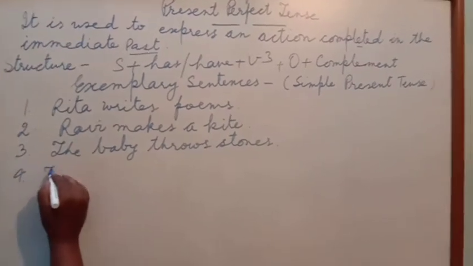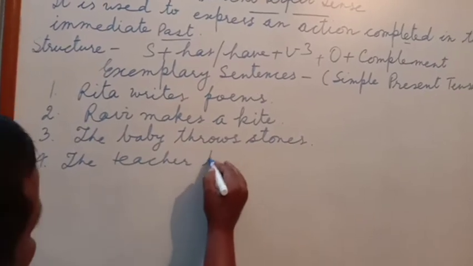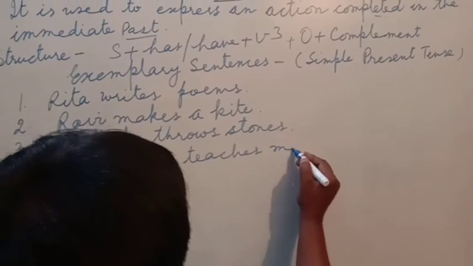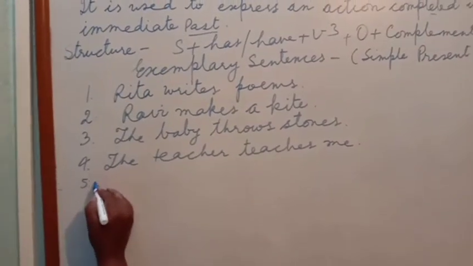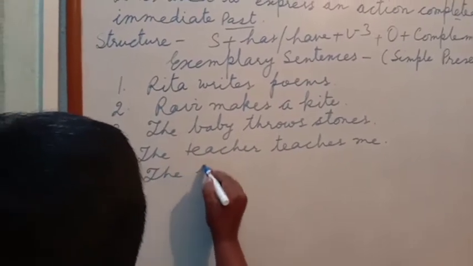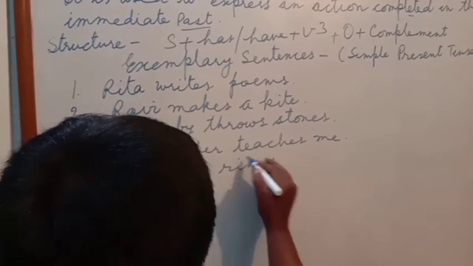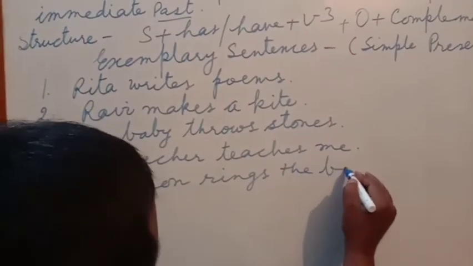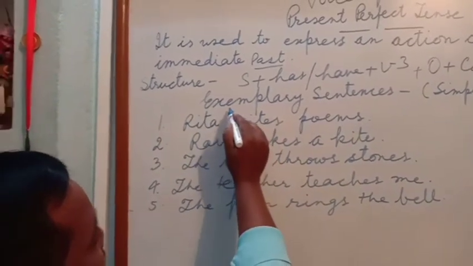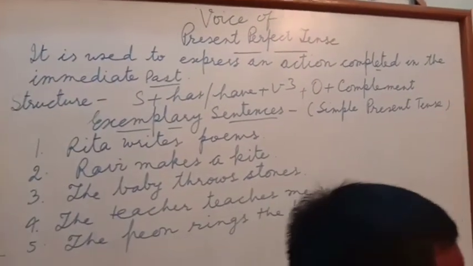Number 4, the teacher teaches me. And number 5, the peon rings the bell. These are the exemplary sentences of simple present tense.